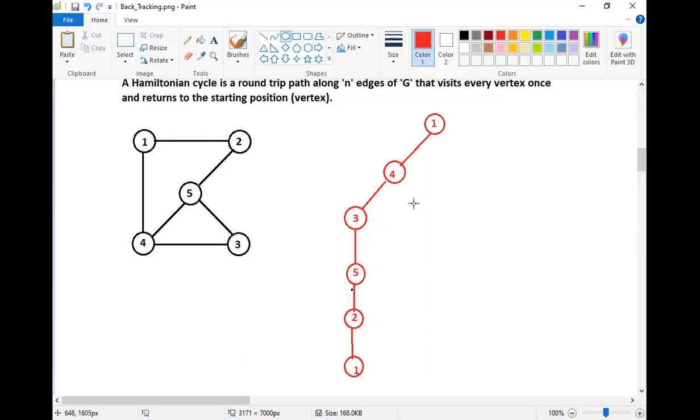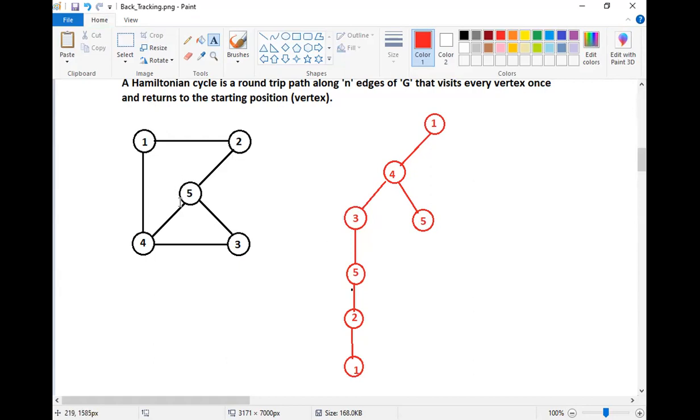So from 4, I can come back to 5. I can move in this particular direction. Okay, now I am at 5. From 5, where else I can go? I can go towards 3. I can go towards 2. Both possibilities there.